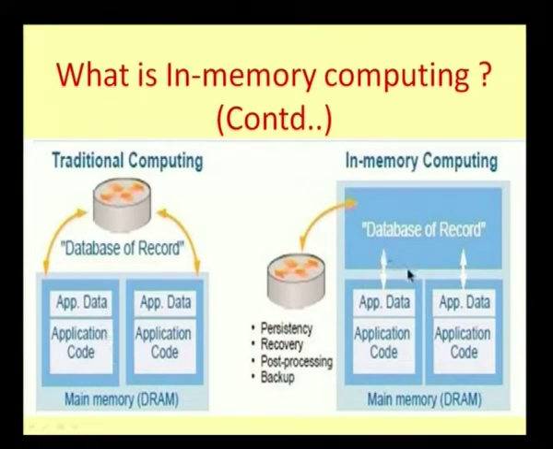In in-memory computing, the main memory itself is used for having the database of record. A chunk of the database is loaded into the RAM from the secondary storage, and you perform the operation so quickly. So, the access time for this database of record available in the RAM is very fast compared to traditional computing.